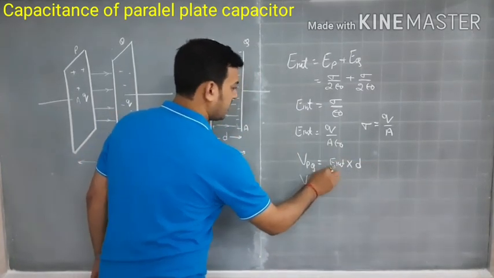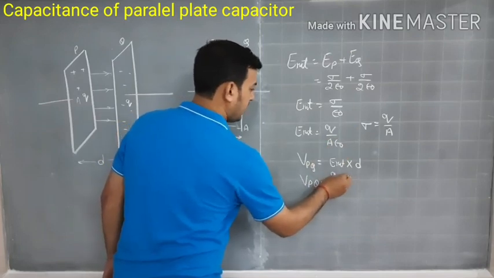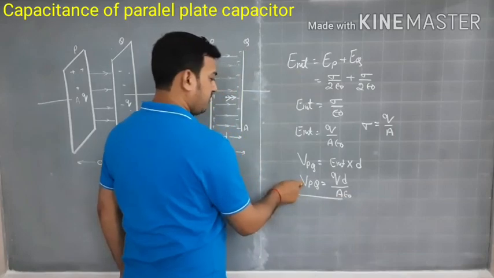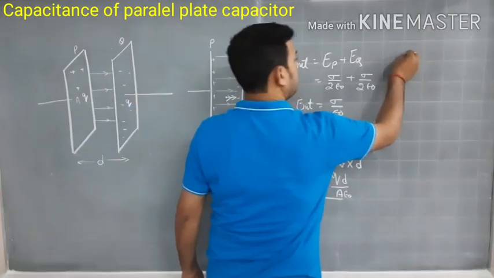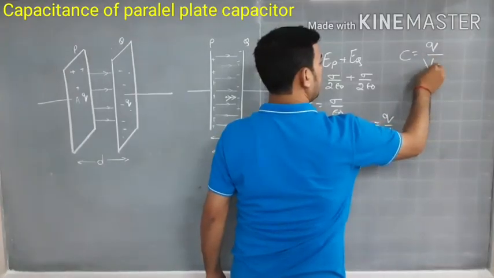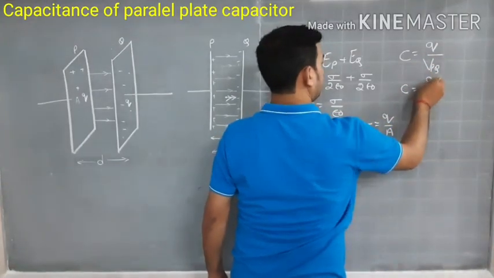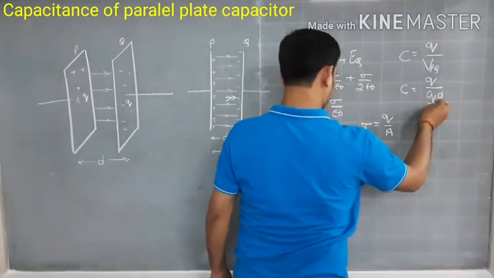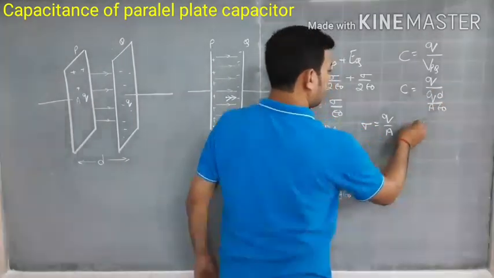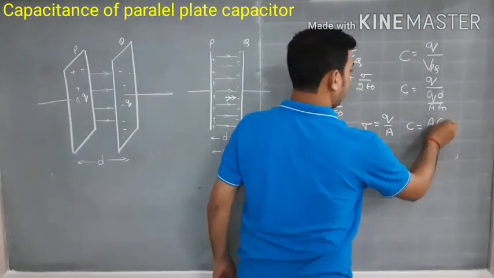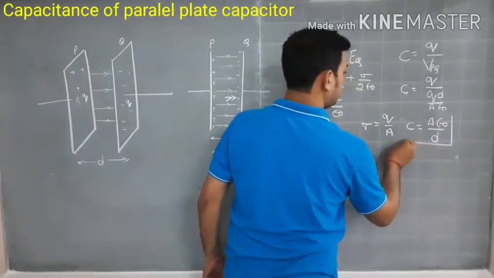So we can find the potential as Q d by A epsilon naught, and once we know the potential difference, we have the capacitance as charge divided by potential difference. If I put the value from this equation, Q d by A epsilon naught, on simplifying it gives A epsilon naught by d.